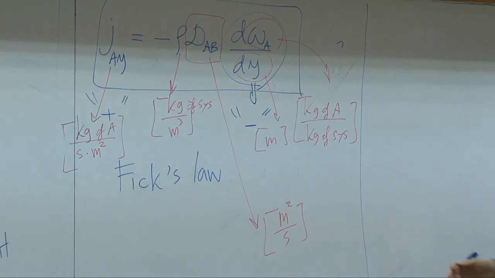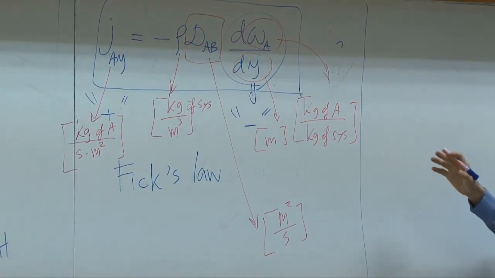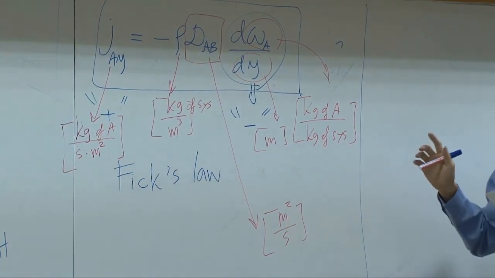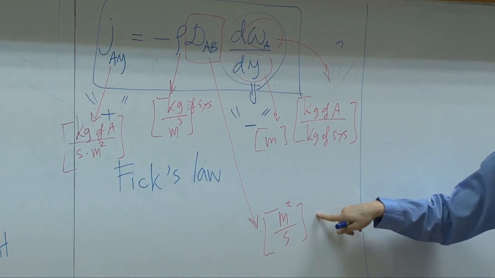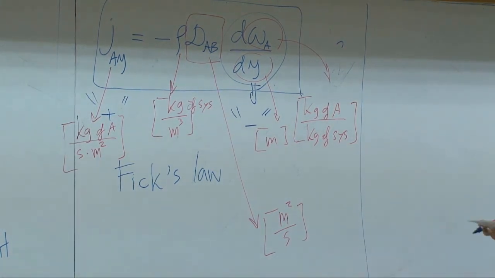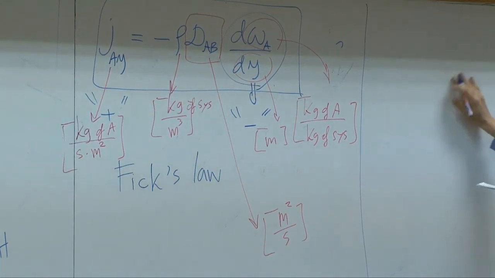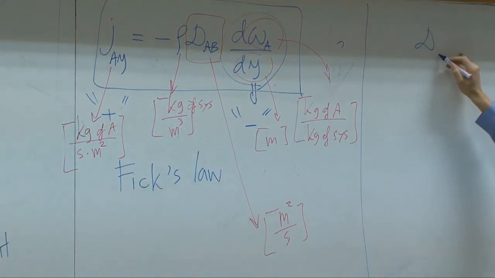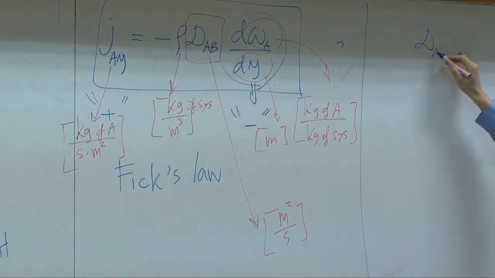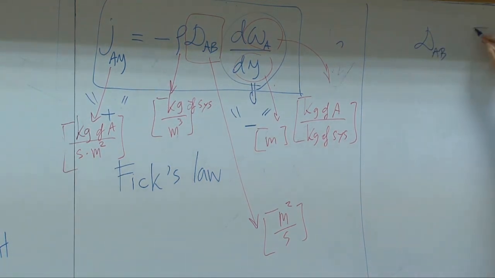Okay? And we have learned several times that there is more than one kind of variable with units of square meter per second. We have the diffusion coefficient, which has units of meter squared per second.